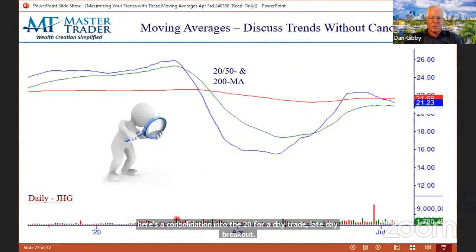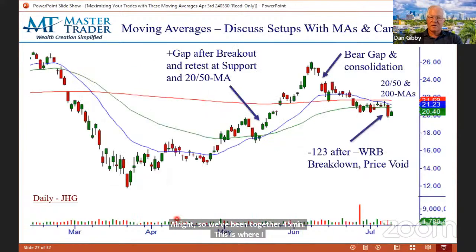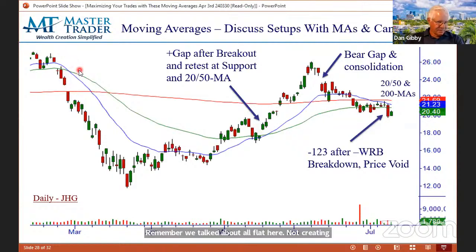All right, so we've been together 45 minutes. This is where I said we would come back to, and now here's the data on top. Remember we talked about all flat here, not trading the crossover. I'm trading price. But here would be a gap breakdown.